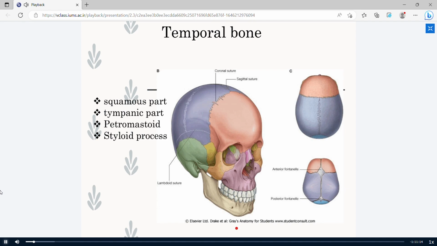At first, I start to explain temporal bone.